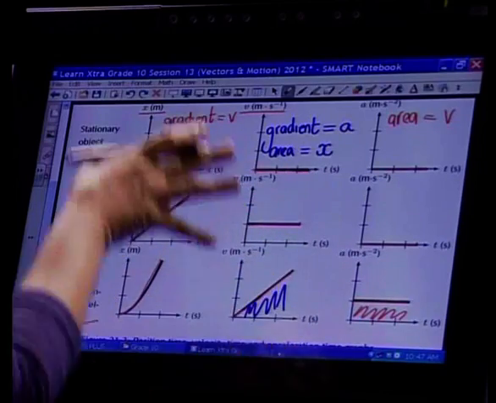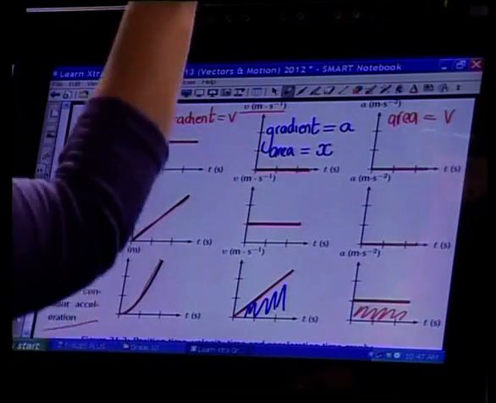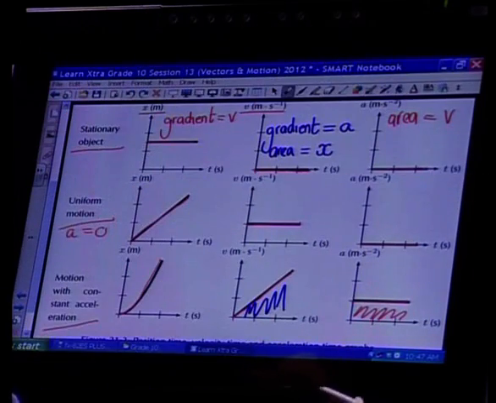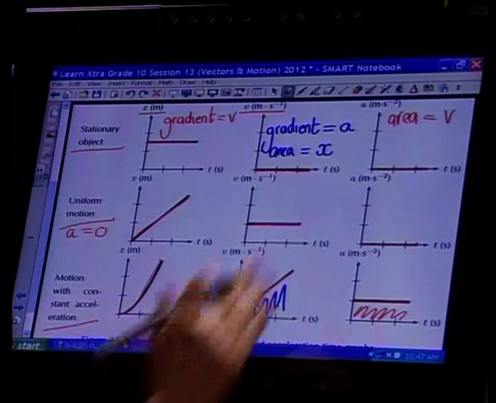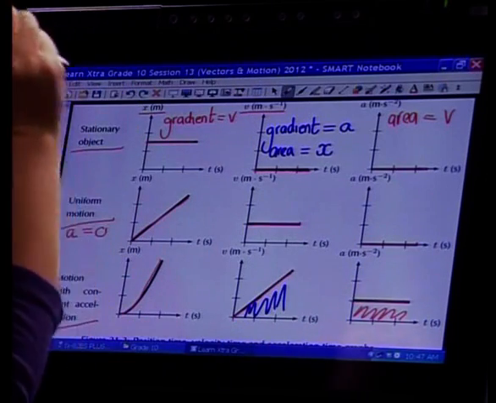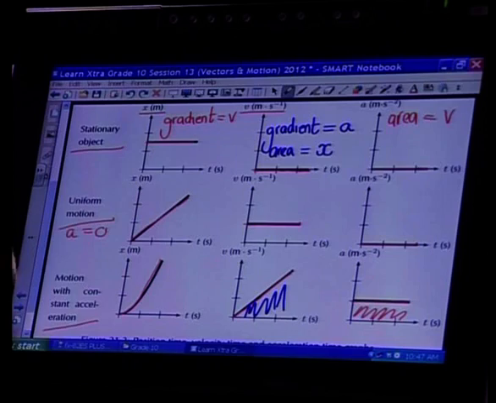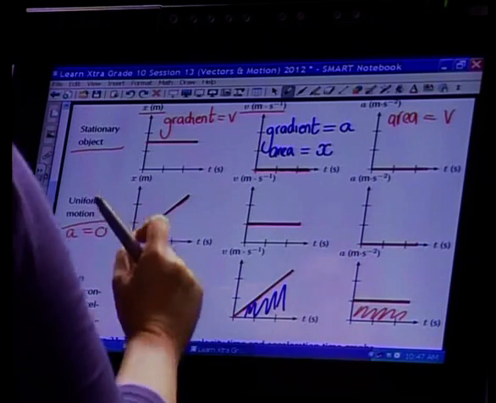That's very important because it means that we can get not just information about displacement or velocity or acceleration, as the case may be, but we can get other information from the same graph. That makes these extremely useful tools for us, okay?